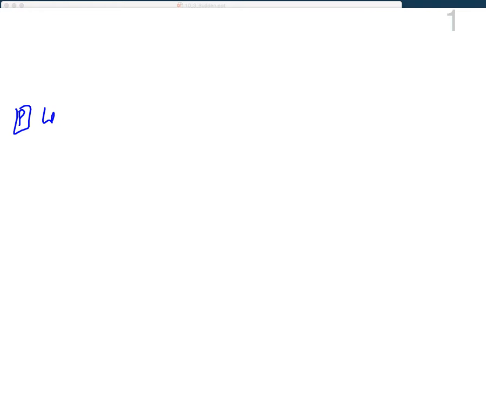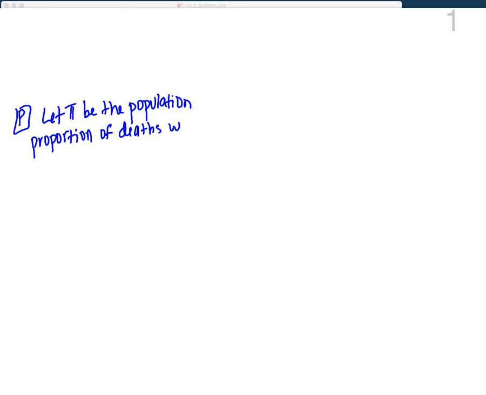So we're going to say let pi be the population proportion of deaths when Gilbert was working.